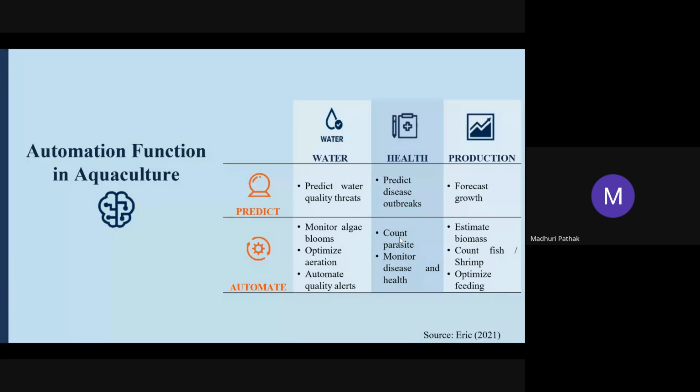Real time automated feeding, like demand based feeding, will give the required feed at the required time. So I don't have to manually go and broadcast the feed unnecessarily, which would be a wastage. Optimization of feeding will ultimately give you economic gain, because the maximum cost of production goes to feeding. That way it will optimize the feeding and we can increase production.